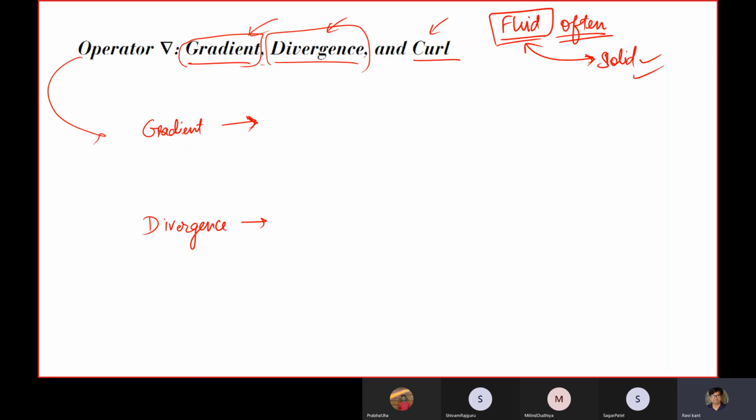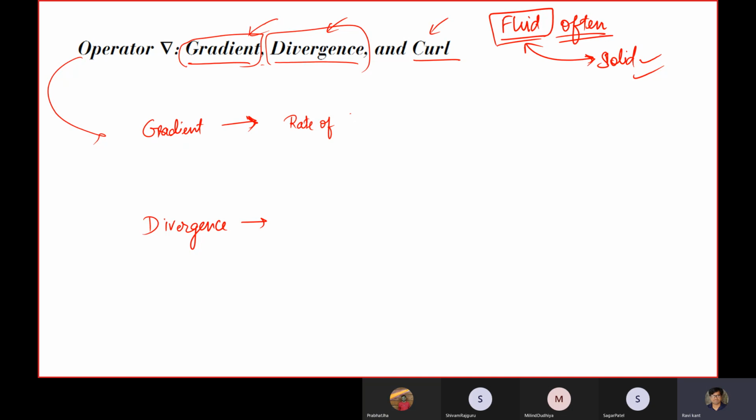Anyone of you? Sir, rate of increase. Rate of increase with respect to x or some other quantity. Very nice.